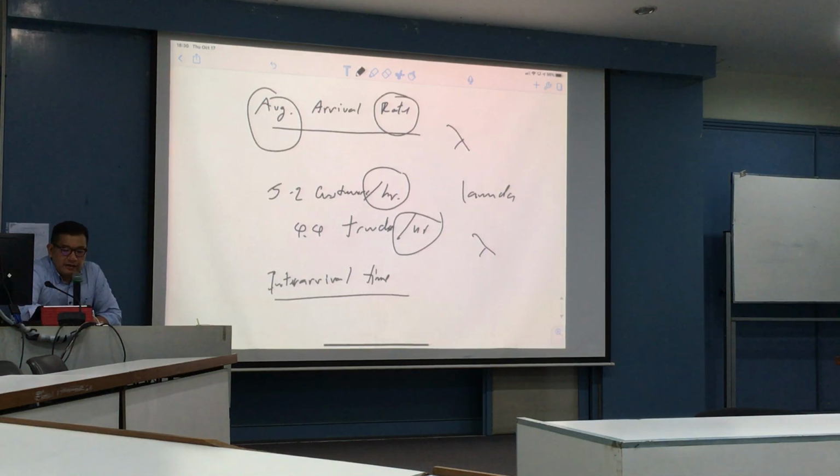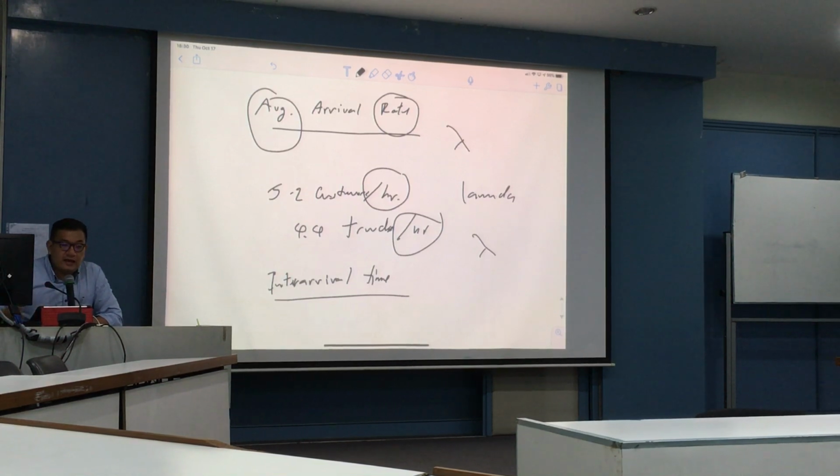Inter-arrival time is the time between two successive customers arriving to the system. So if I say 2 customers arrive per hour, it means every 30 minutes a customer arrives to the system. It is equal to 2 customers per hour.